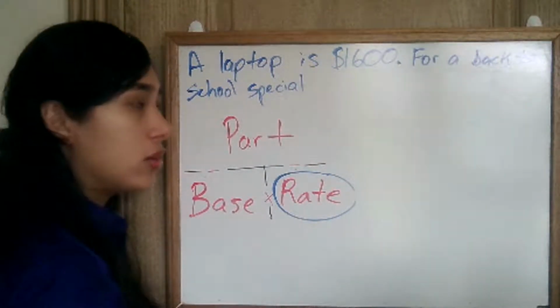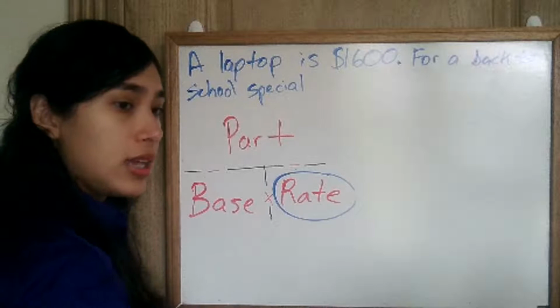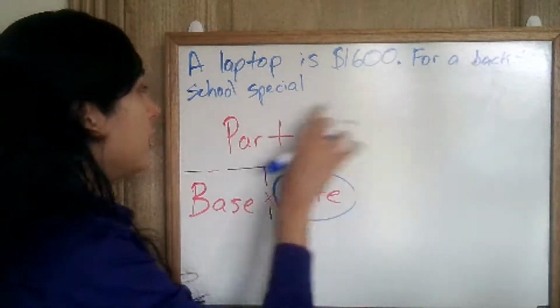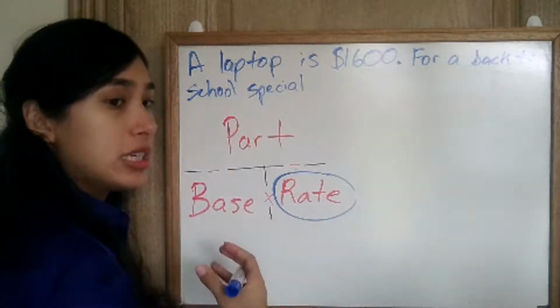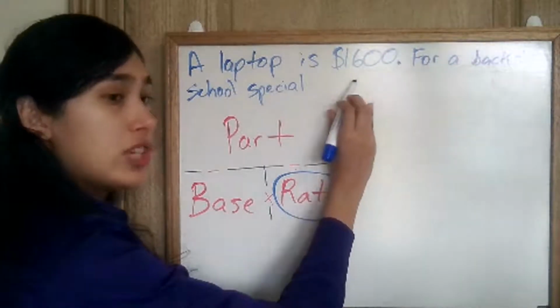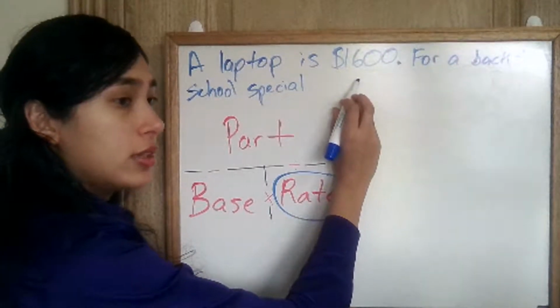There might even be a Labor Day sale or President's Day sales that you see. It's a back to school special. Usually it means that something's going to be discounted, so something is going to be cheaper than the original price.